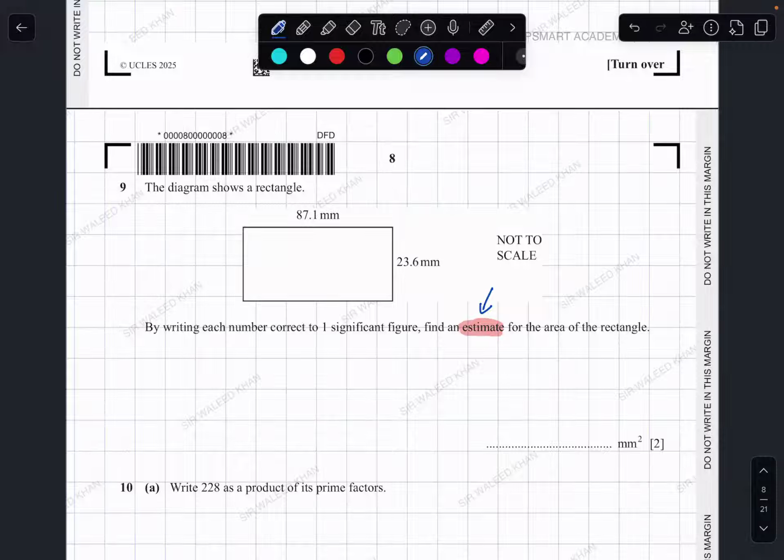So what is the nearest whole number to 87? Sorry, they are saying correct to one significant figure. What is the first significant figure of this one? 8. This should be rounded up to, anyone? This should be 90, right? So we have area, length into width.